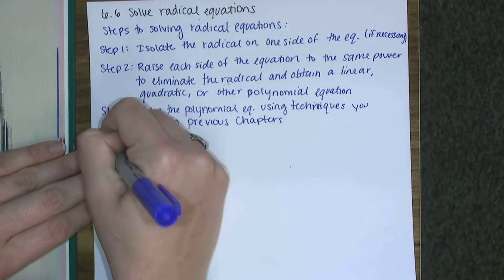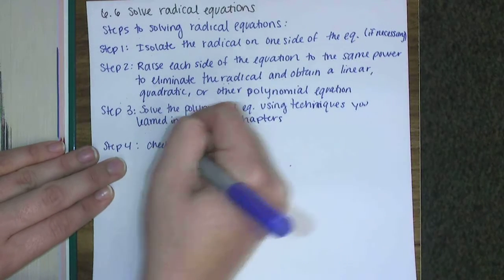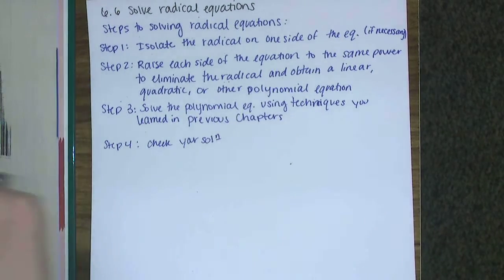And then step 4, which I'm not going to require, is to check your solution. Okay, you can have extraneous solutions like we did when solving inequalities. So that is a possibility with these, so just keep that in mind when doing these problems.